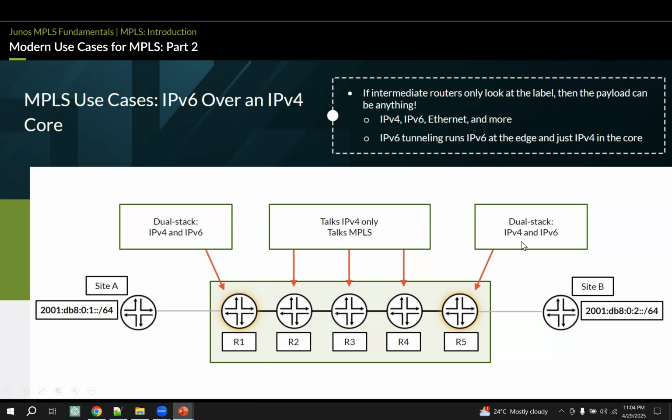Similarly, router 5 can talk IPv4 and IPv6. That is called dual stack. But in between, router 2, router 3, and router 4 have only IPv4 and talk MPLS. So you can send IPv6 traffic from router 1 to router 5 over the IPv4 core. It's possible.